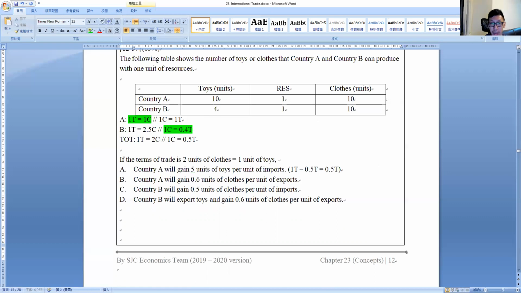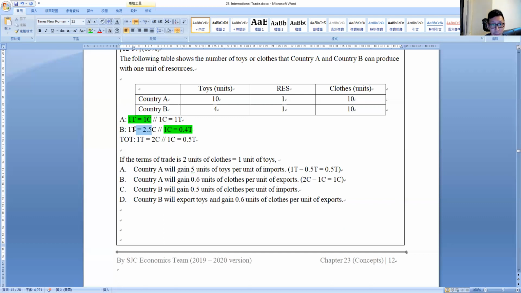They will actually gain 0.5 toy. So A is not correct. Now B, country A per export. How much do they gain? Country A exports, right? From the terms of trade, you get 2C. Your opportunity cost is 1C. Therefore, you gain 1 unit of cloth. So B is not correct.